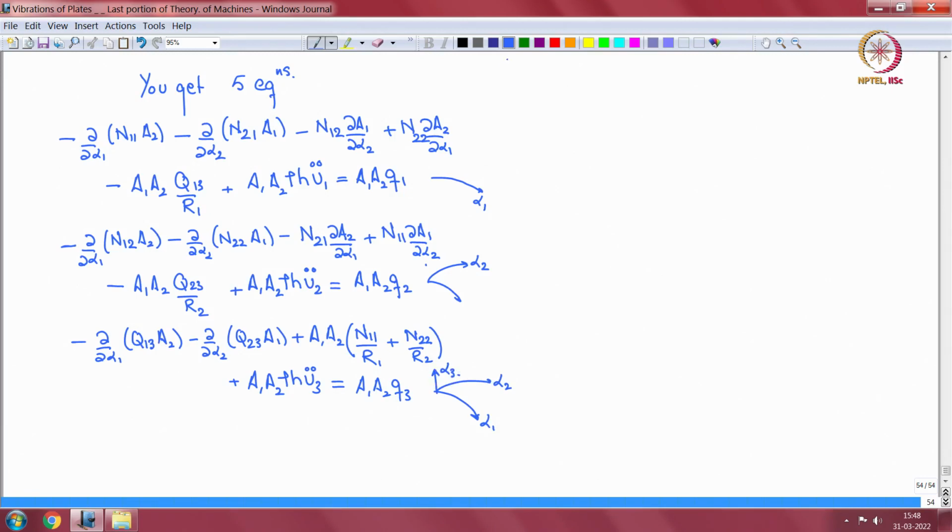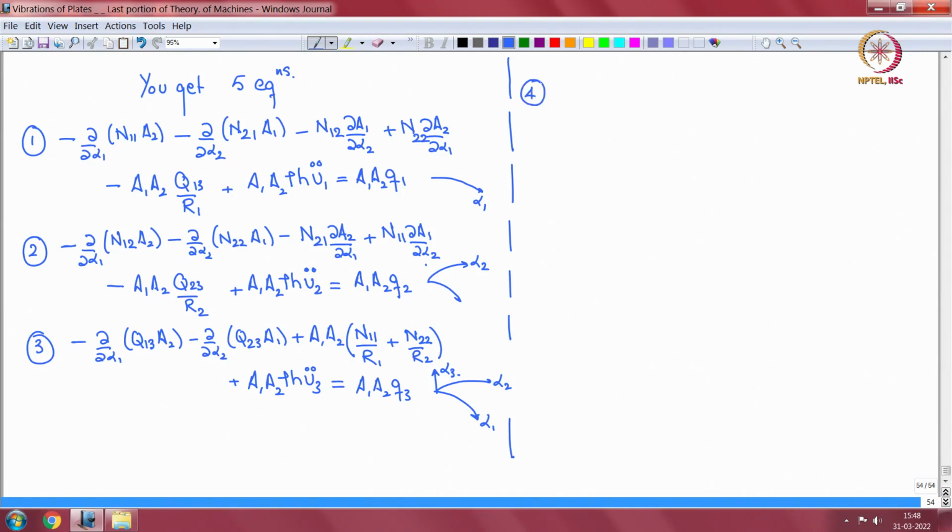The other two are moment equations, and they end up as equilibrium equations because we have ignored rotational inertia. So the last two, so let us see, this is 1, this is 2, this is 3.